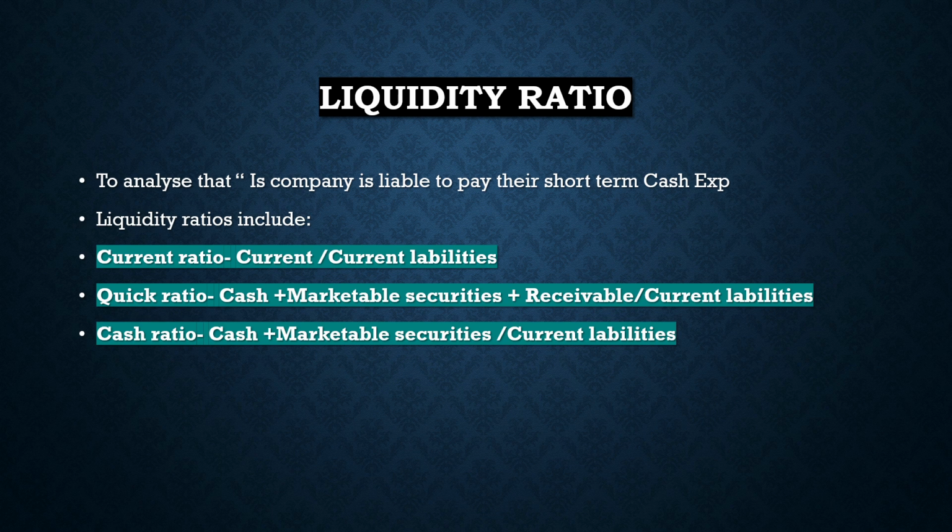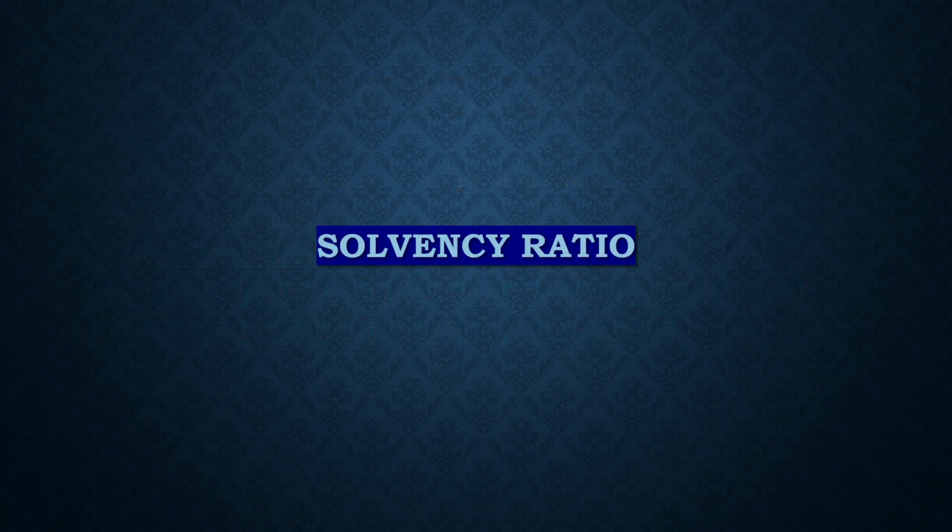Current ratio is calculated by current assets divided by current liabilities. Quick ratio is calculated by cash plus marketable securities plus receivables divided by current liabilities, and cash ratio is calculated by cash plus marketable securities divided by current liabilities.